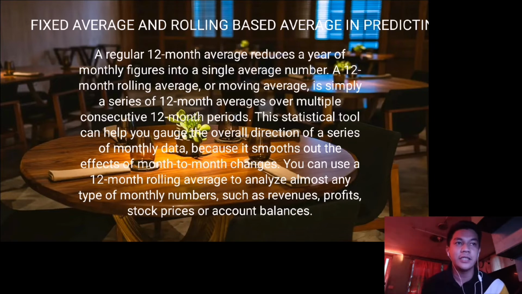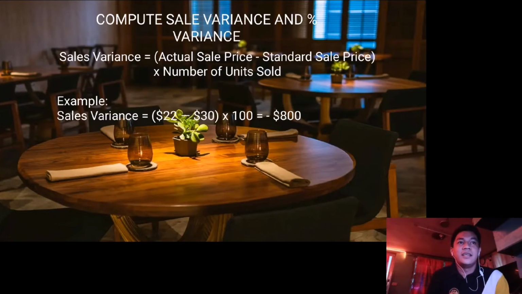This statistical tool can help you gauge the overall direction of a series of monthly data because it smooths out the effects of month-to-month changes. You can use a 12-month rolling average to analyze almost any type of monthly numbers, such as revenues, profits, stock prices, or account balances. And last, we will compute the sales variance and percent variance.